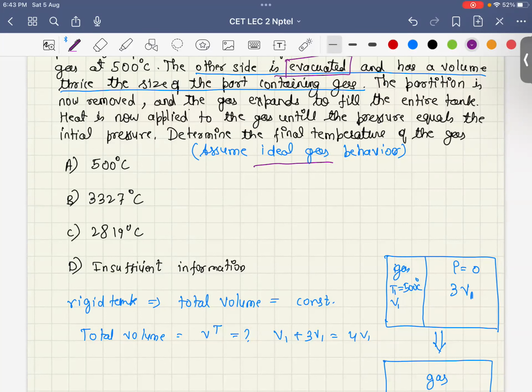Anybody has any doubt in understanding the question? Anybody able to get the answer?